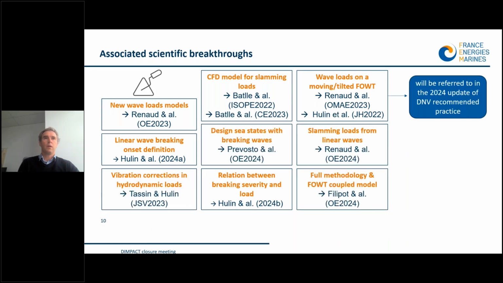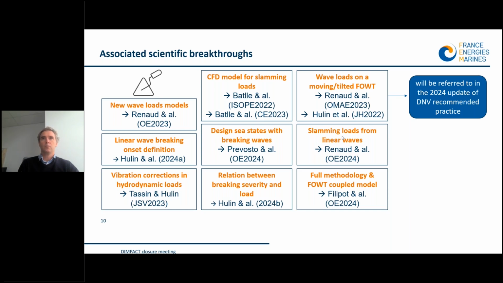Okay, so very quickly, we achieved several other scientific breakthroughs through the project. A new wave load model for the hydrodynamic loads, loads that account for the moving and tilted motion of the floating offshore wind turbine. We also obtained a new vibration correction method for hydrodynamic loads, and other achievements in terms of scientific results.